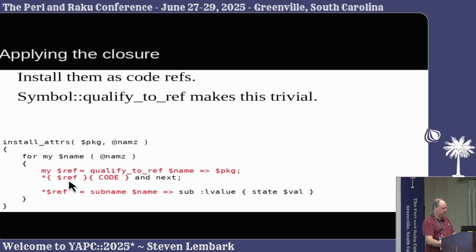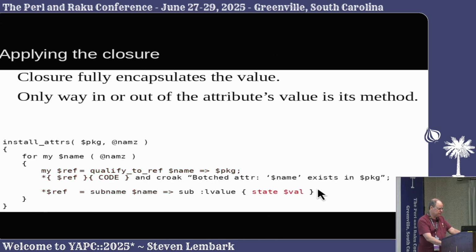So this ref says, find me a thing inside that package, dereferences it as a glob. A glob to code says, give me a reference to whatever code has that name. Well, if it's there, skip this, otherwise assign it. Important, that value only exists in here.